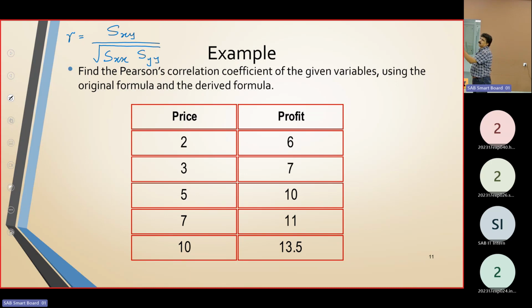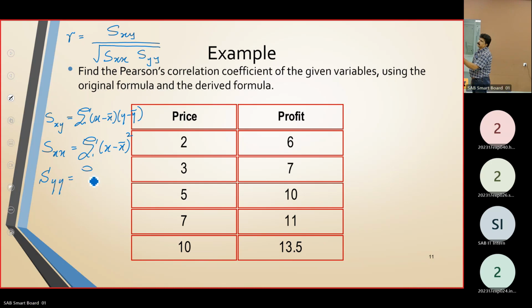So this Sxy is sigma of x minus x bar, y minus y bar. Sxx is sigma of x minus x bar whole squared. Syy is sigma of y minus y bar whole squared. Right. So we need to evaluate these pieces.